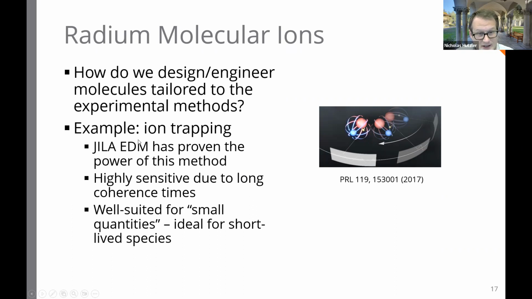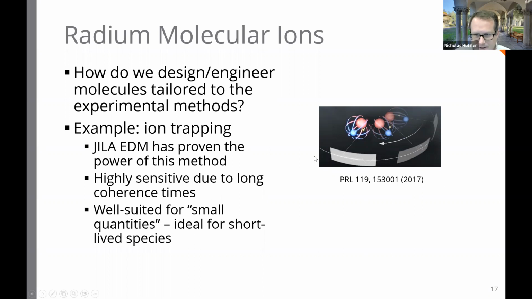Because the JILA EDM experiment has proven that ion trapping is a very powerful way to do an EDM experiment, with small quantities. Compared to beam experiments, the quantities they use are much, much smaller, but you leverage long coherence time. So that seems like a good match to something like radium, which you want as little of as you can possibly get away with in the lab.